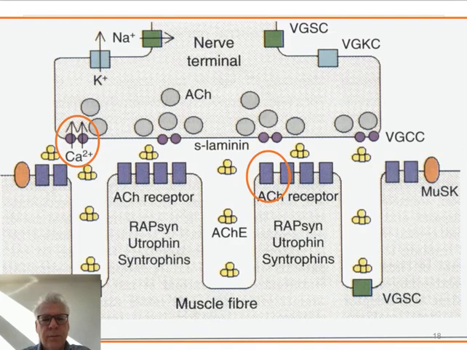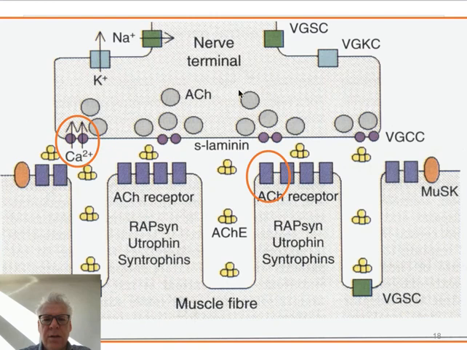So in sum, and as a cartoon, this is what we shortly discussed. Nerve terminal with the voltage-gated calcium channels, shown here. Of course, the voltage-gated sodium and potassium channels are all around the presynaptic nerve and in neurons in general to propagate the action potentials.